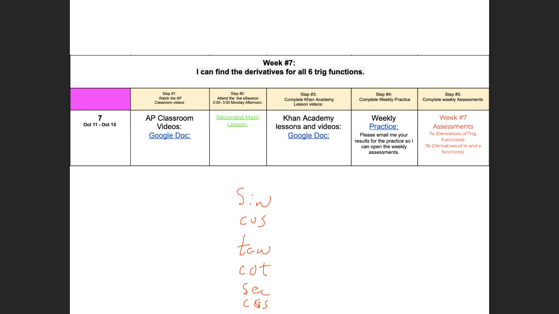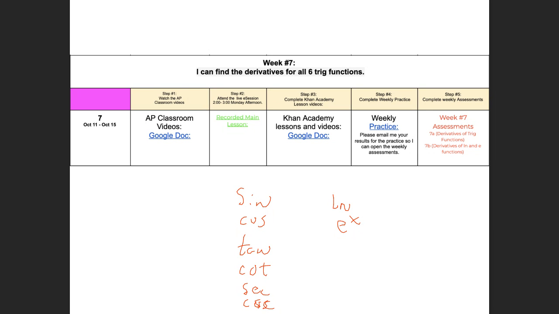Oops, cosecant is this way. So those are all that we need to find. And we also have to find natural log and e to the x. So there's 8 derivatives. Now, when I first started learning calc, I would put them on 3x5 cards. And then, when I'm doing my homework, I'm just looking at these 3x5 cards.